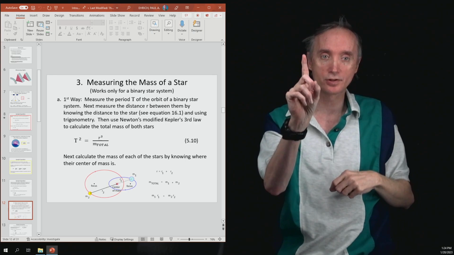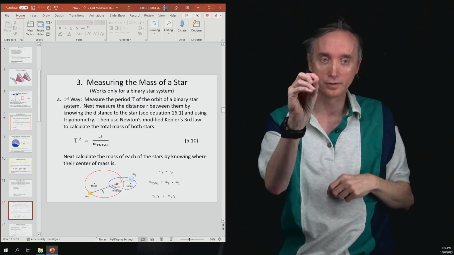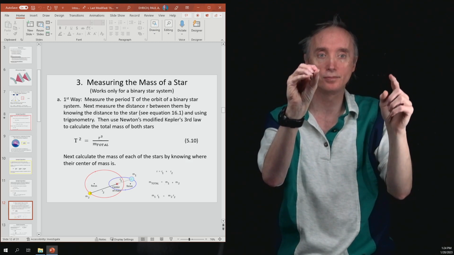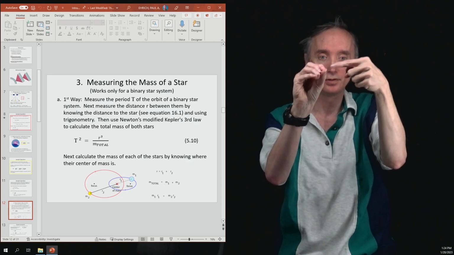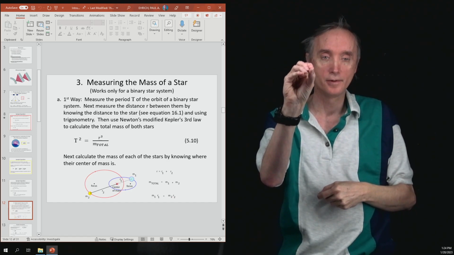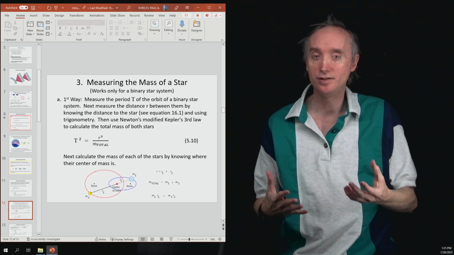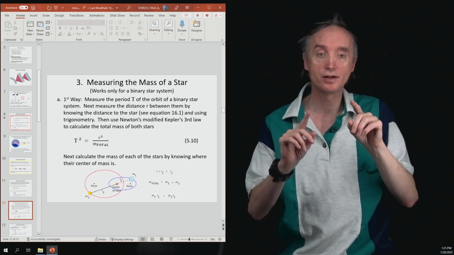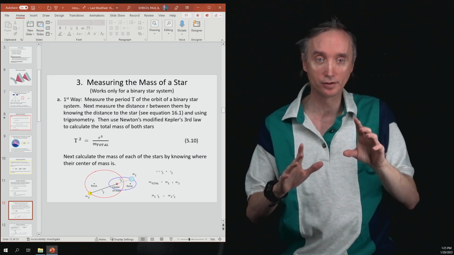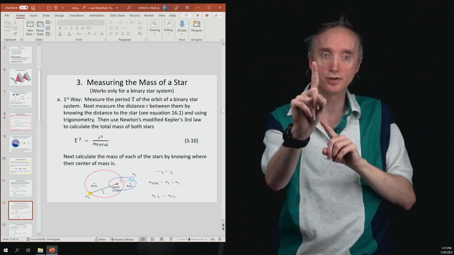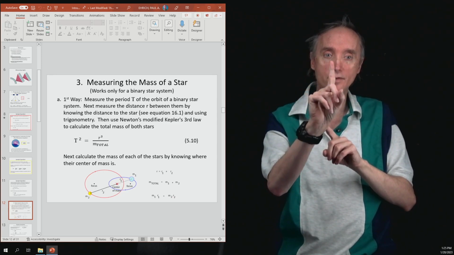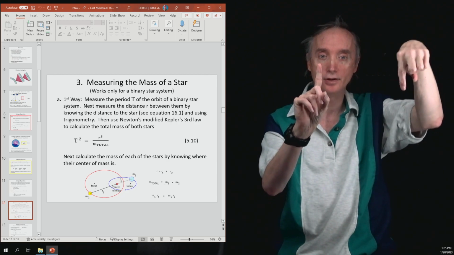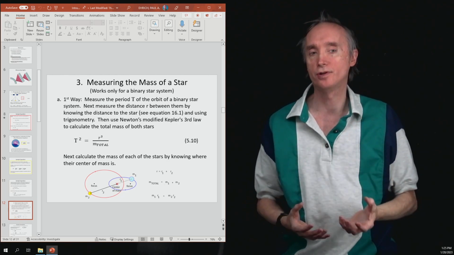But as this object over here gets bigger than this object over here, then what you find out is the center of mass gets closer to this big object. And in the case of the sun, it's very difficult to even notice that the sun is moving, but it actually is just a little bit. So the sun is actually going around in a circle around the common center of mass between it and a planet out here.